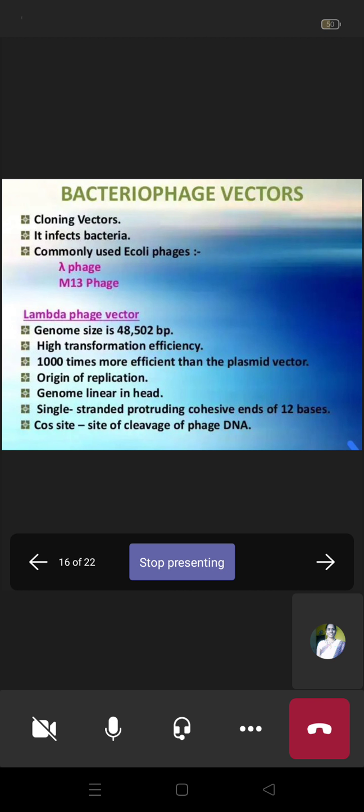All viable phage particles will contain foreign DNA fragments in their head. Then subsequently they are transferred into the bacteria. That's why this is useful to store the cloned gene.